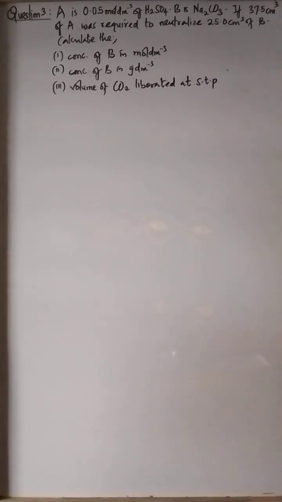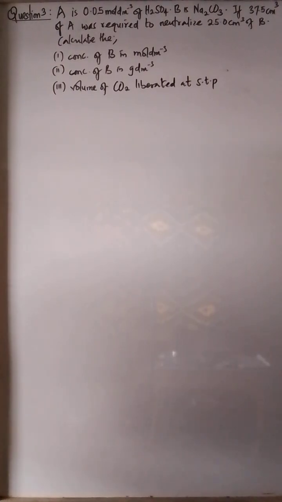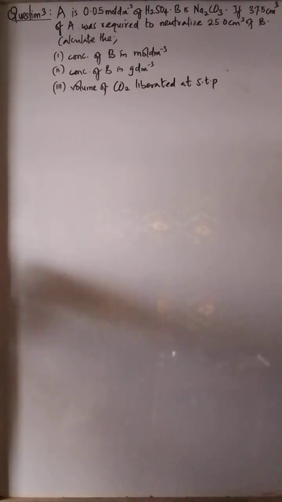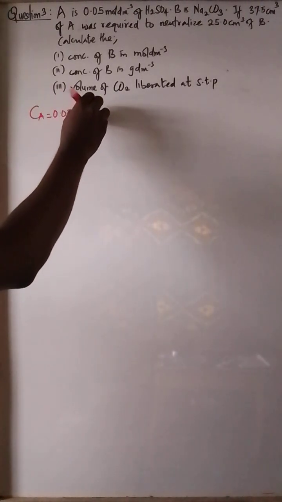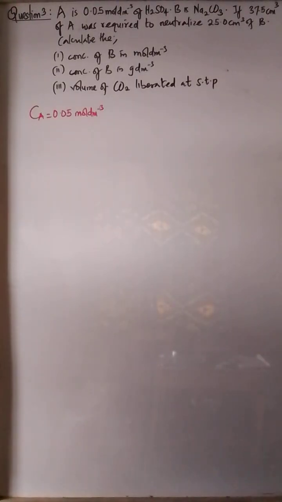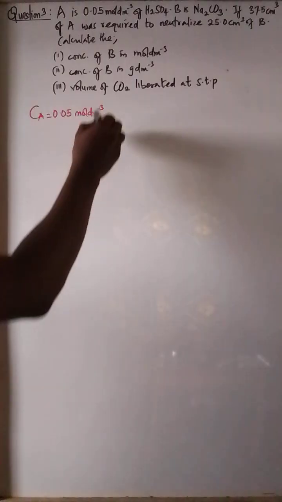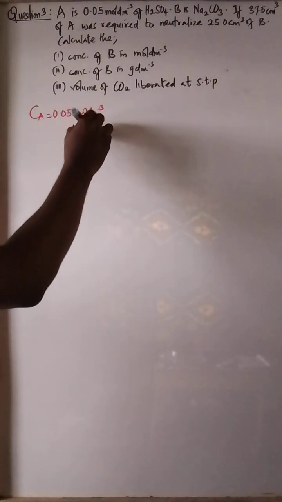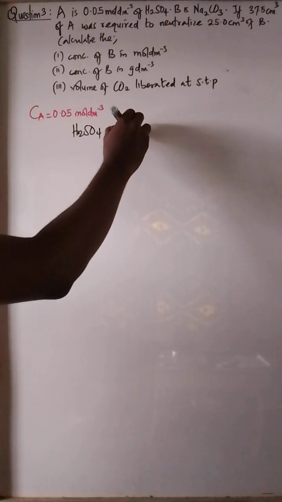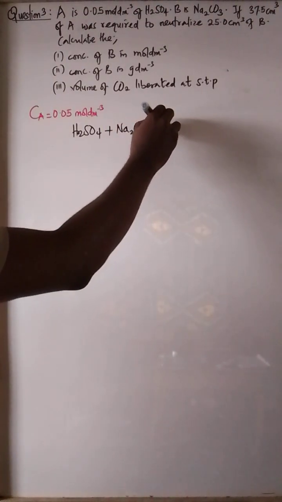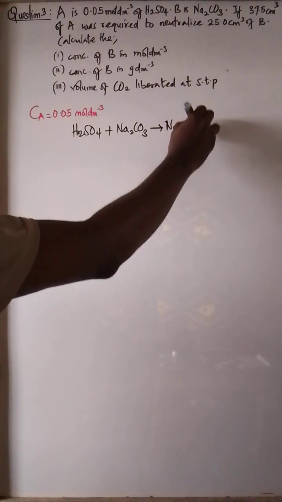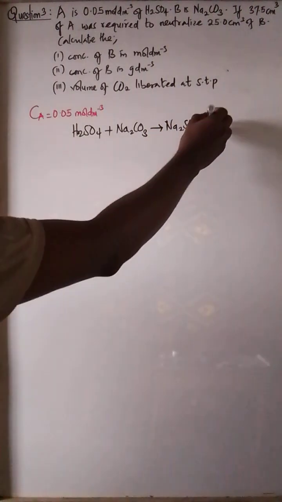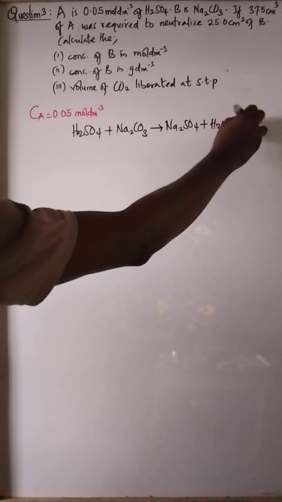Now, the third question. A is 0.05 mole per dm cube of H2SO4, so the concentration of A, Ca, is 0.05 molar. And B is sodium carbonate. For the equation, we are going to have H2SO4 plus sodium carbonate giving sodium sulfate, then H2CO3, which will decompose to both H2O and CO2.